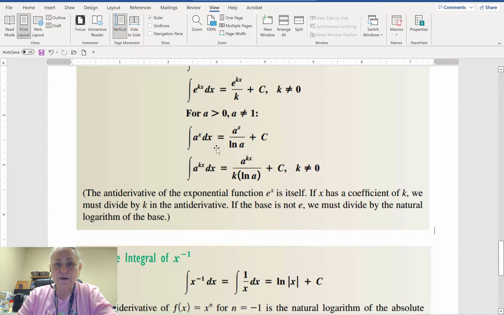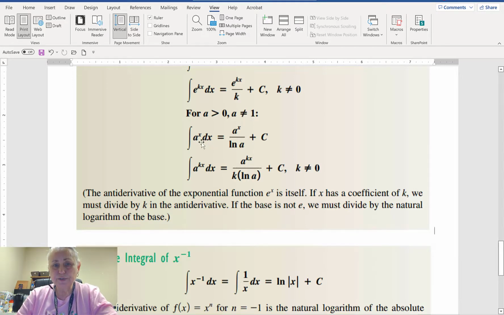Okay. Now, for exponential functions with a positive base, like 2 to the x, a base of 1 is not allowed either, because 1 to the x, and 1 to the 1 and 1 to the 2 and 1 to the 3 and 1 to the 4 are all the same. Okay, so we're not talking about a base of 1.